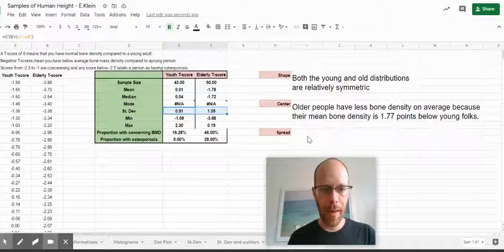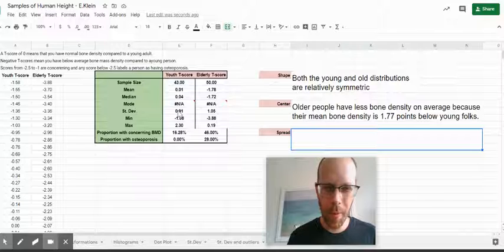Okay, and then as we're looking at the standard deviation, you can see that they're pretty close to each other.